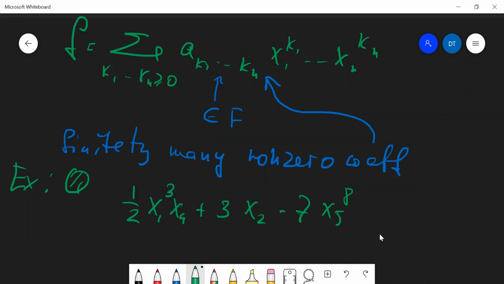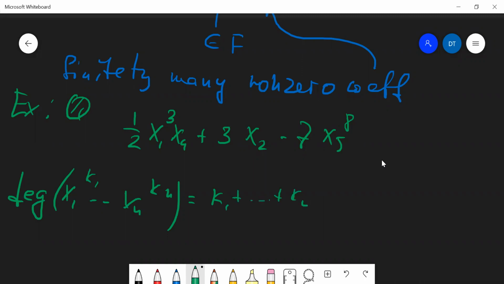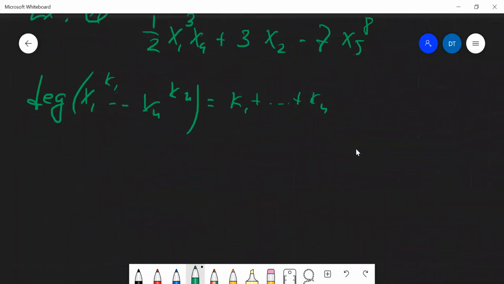But there is a notion of a total degree. What is the total degree? If you're given a monomial like this, the total degree of this monomial is just the sum of all the powers of the variables. That's the notion of the total degree for a monomial.